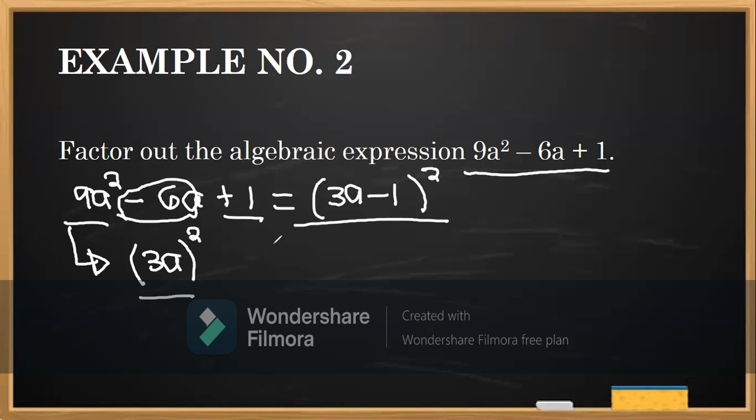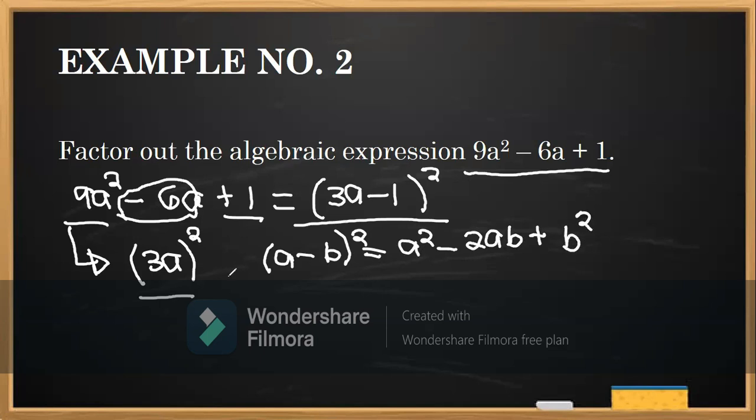So use special products: (a minus b) squared is equal to a squared minus 2ab plus b squared.